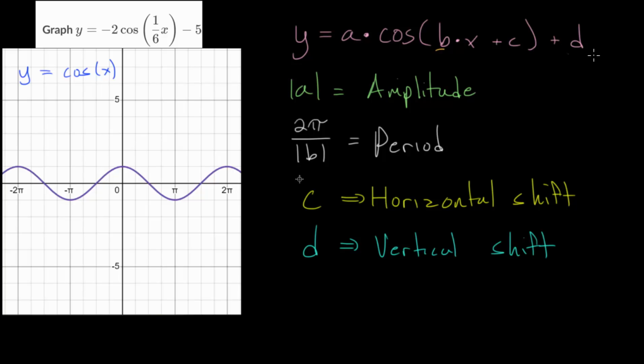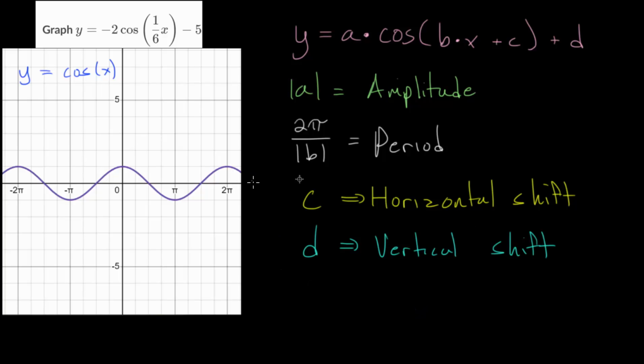plus c, and then plus d on the outside, where a, this coefficient in front, affects the amplitude of the function. If it's negative, it will cause a reflection, but the amplitude won't actually be changed. B, this number multiplied by x, will affect the period. C will create a horizontal shift, and D will affect the midline.